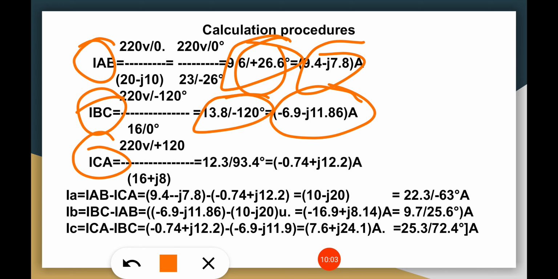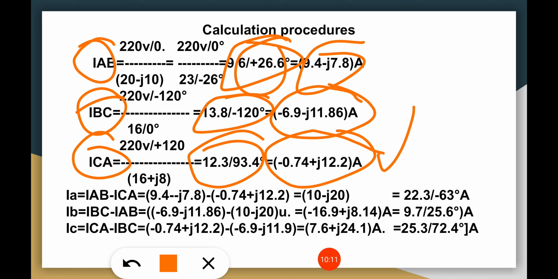The same thing with ICA. If we add them all, you will see that the magnitudes of IA, IB and IC are not the same.